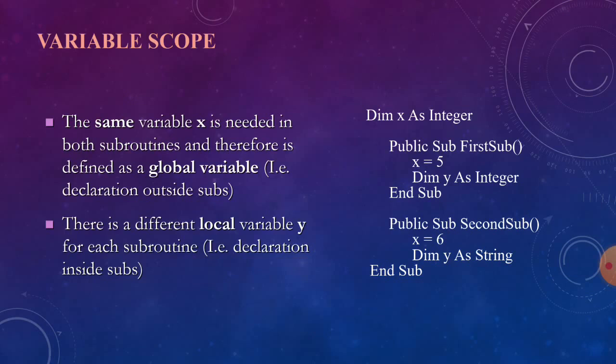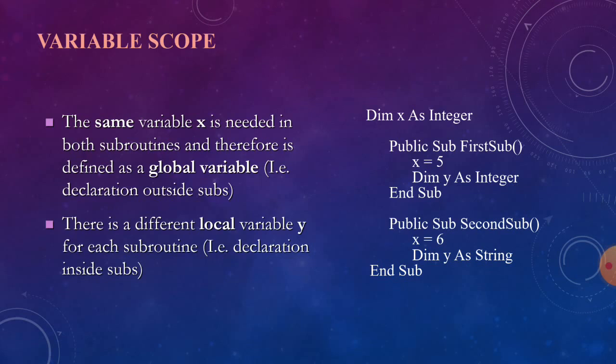There is no declaration for x in both functions. x has been declared at the top itself, only once, as dim x as integer. That variable can be used in both these functions.